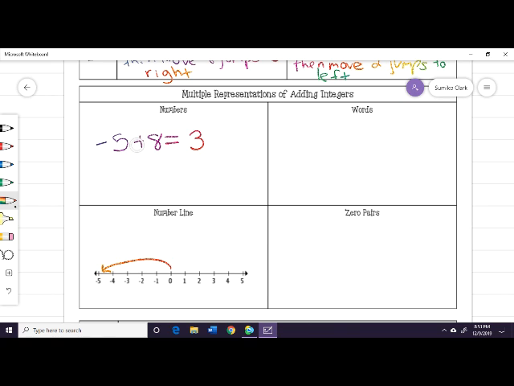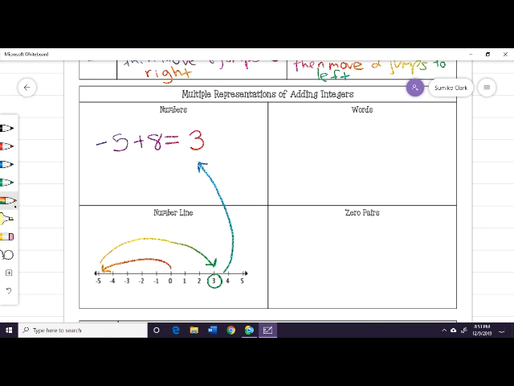Then we have to go in the positive direction to the right, 8 spots. 1, 2, 3, 4, 5, 6, 7, 8. That brings us up to the positive 3. So let's draw that arrow in, positive 3. And that's where we end up. And you'll see that these are the same.